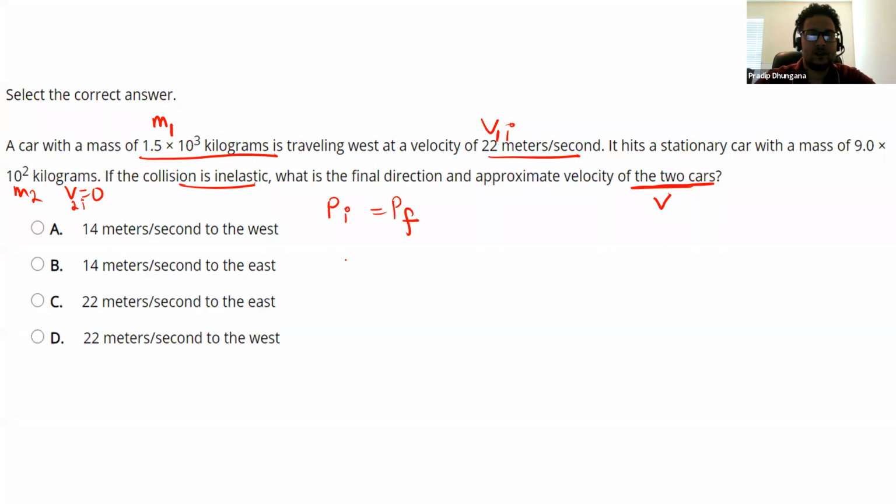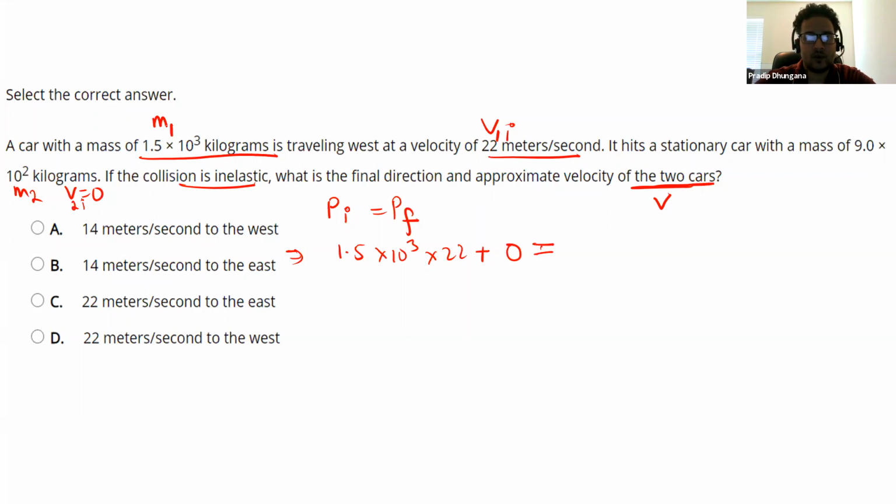Now total initial momentum is mass times velocity, m1 times v1i. Let me write that: 1.5 times 10 to the power 3 times 22 plus, since it is a stationary car, its velocity is 0, so mass times velocity is 0. That is equal to final momentum.